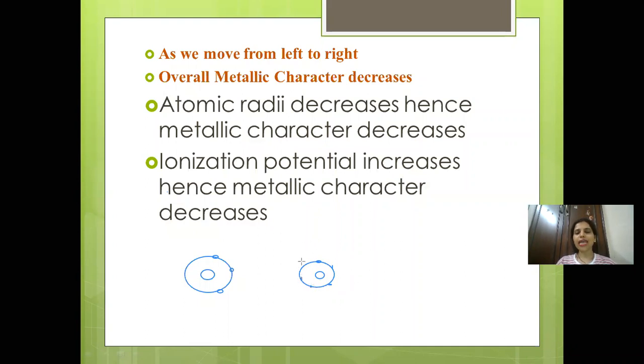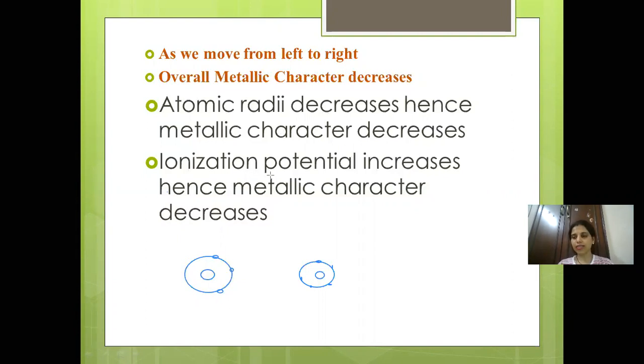The reason is more inward pull is there. That means in the same period, as the electron is added to the same shell, the atomic radii decreases. And when the atomic radii decreases, they are not able to lose electrons easily, and that's the reason metallic character decreases.